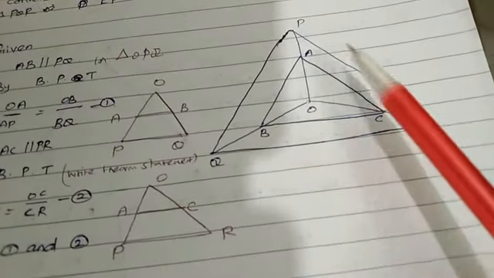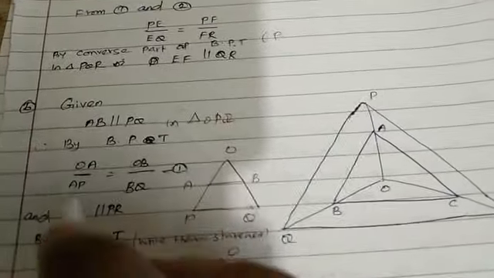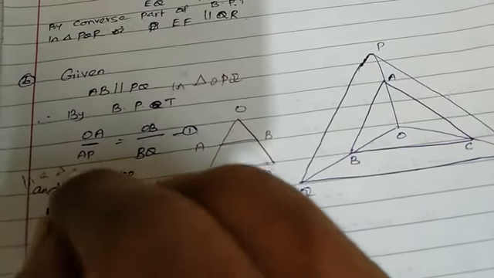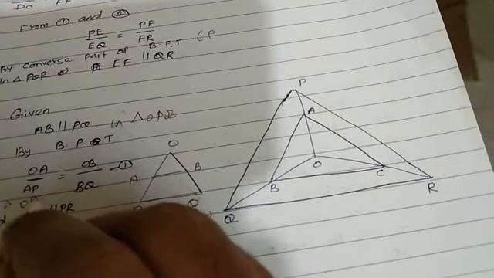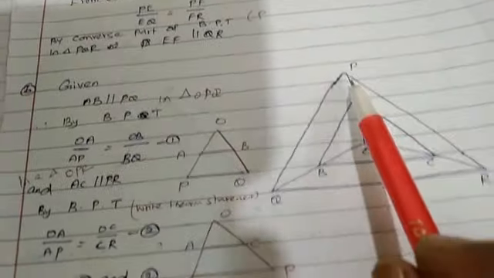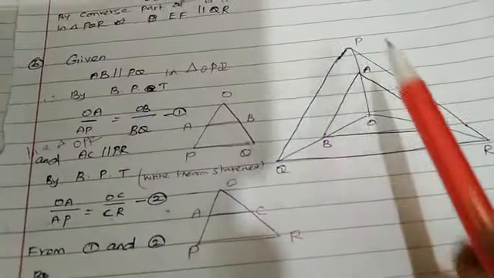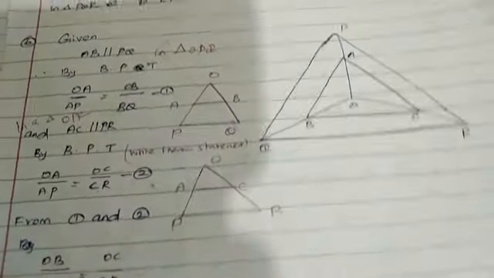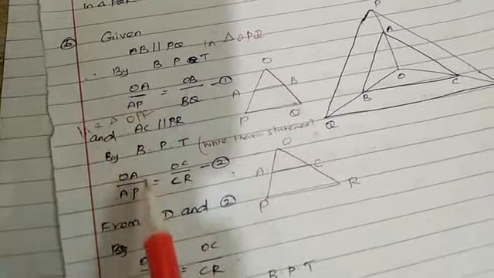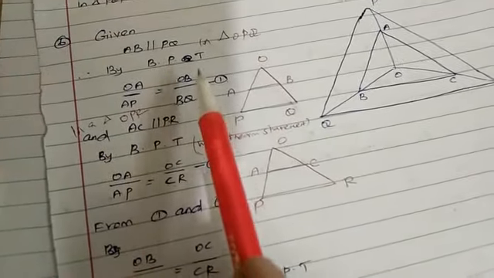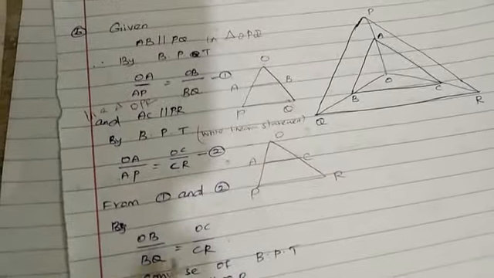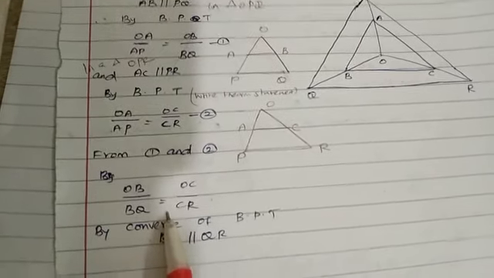Similarly, in triangle OPR, OA divided by AP equal to OC divided by CR. Compare these two things: OA divided by AP is equal, so automatically the right sides are equal. So OB divided by BQ equal to OC divided by CR.